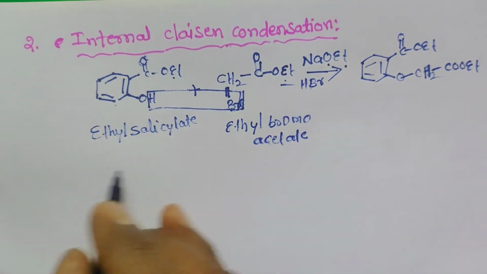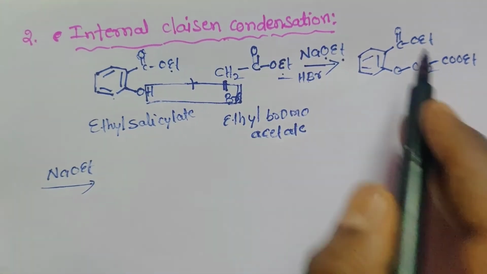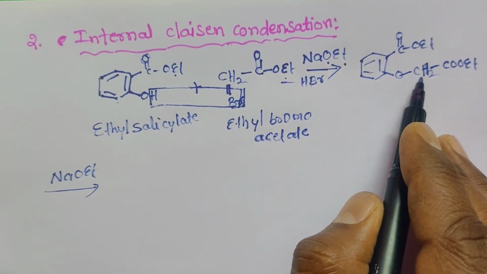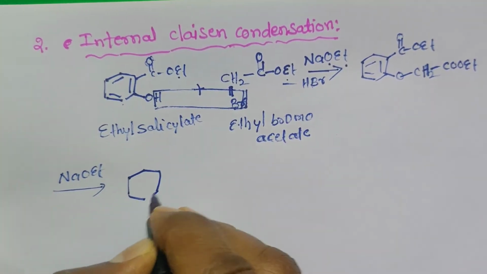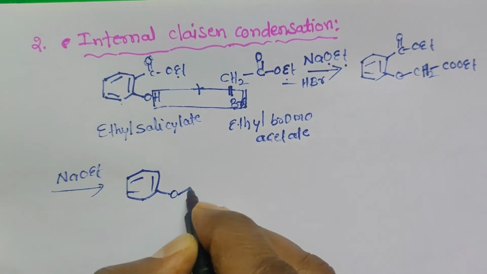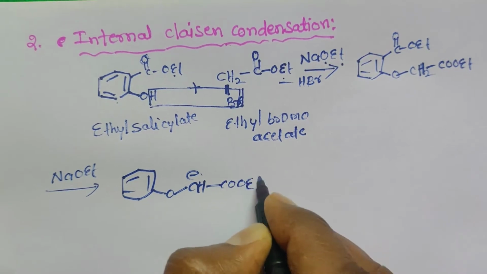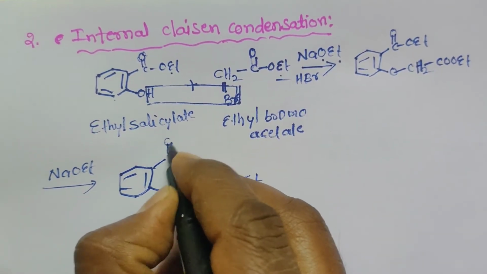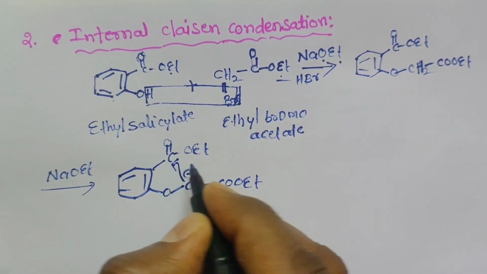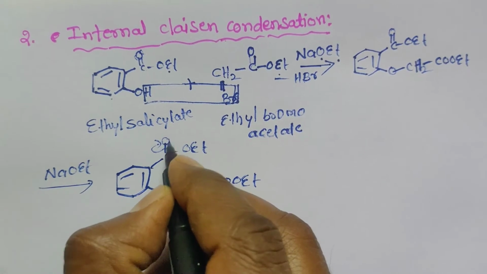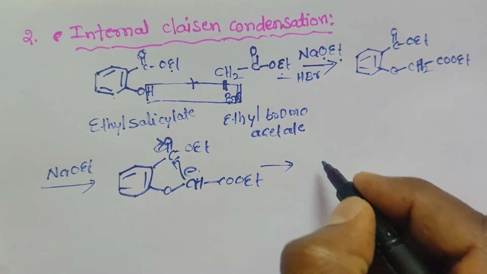So in the presence of the strong base like sodium ethoxide, one hydrogen will be abstracted from here and it will become the carbanion. So look here, like this we get the carbanion. Now this carbanion attacks here and this oxygen gets the negative charge here and the cyclization takes place.